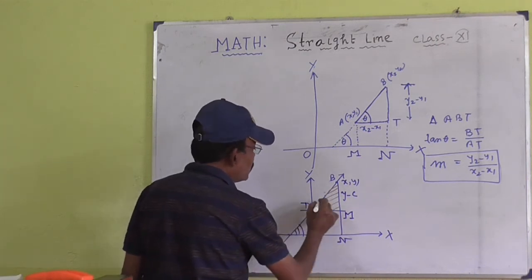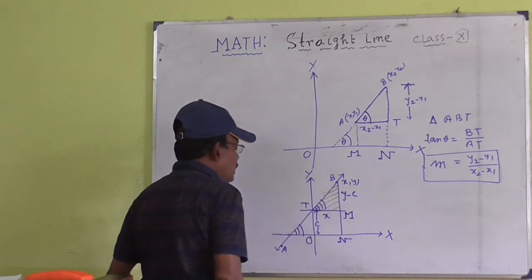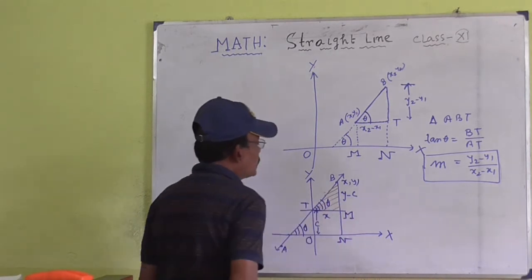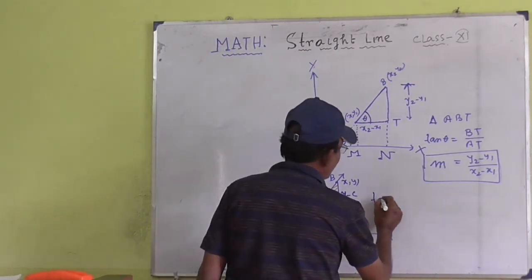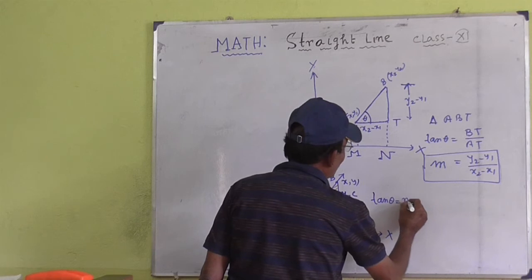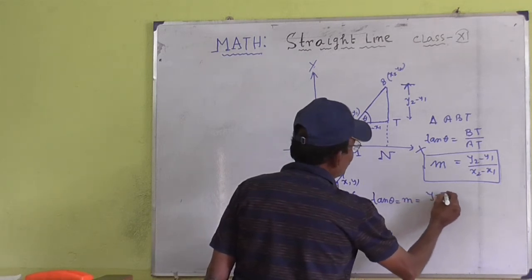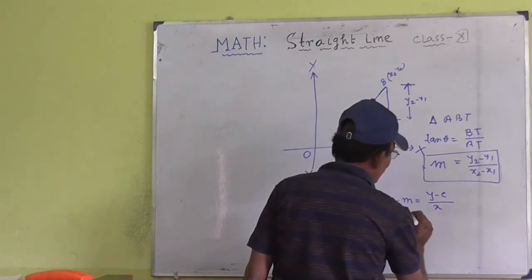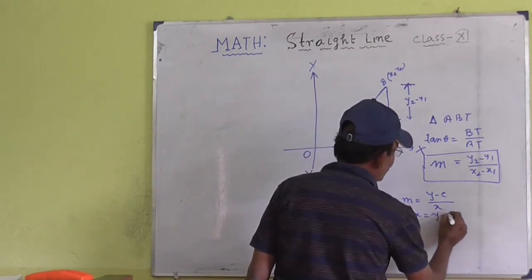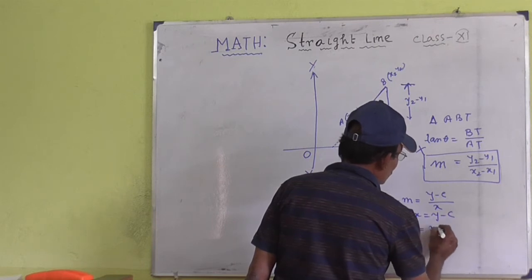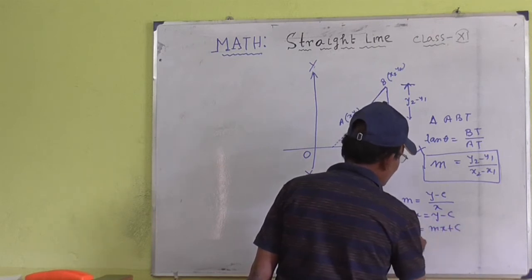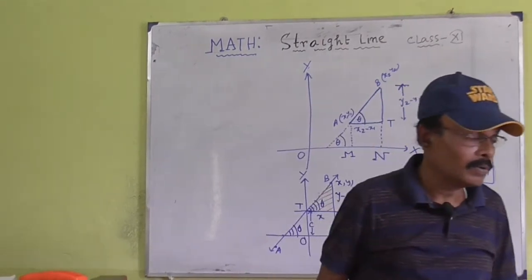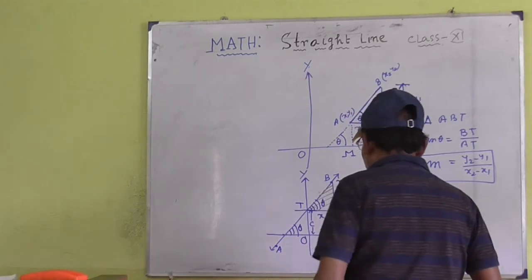This angle equals this angle. Let us take this angle be theta. So tan theta equals m equals y minus c by x. So mx equals y minus c. So y equals mx plus c. This represents a formula. This is the slope intercept form.